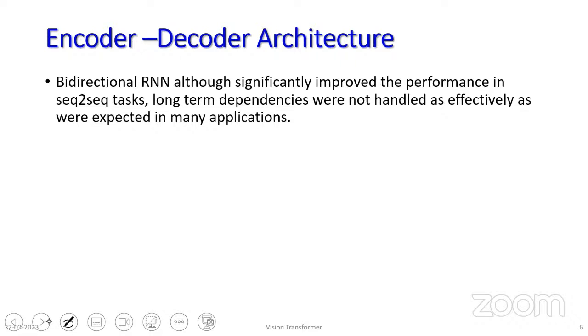Then came the concept of encoder-decoder architecture. What was the idea? The idea is, why not take the full input at a time and process this input, find the representation of the input as a concise representation of the whole input, and let that be further decoded.